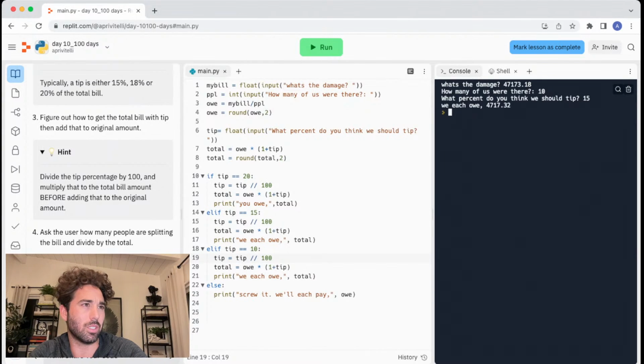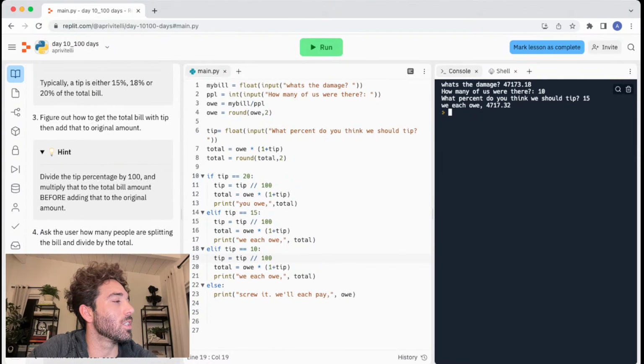47173.18 times 1.15 divided by 10. Wait, what? This is totally wrong now. Oh, wait, that's divisor.